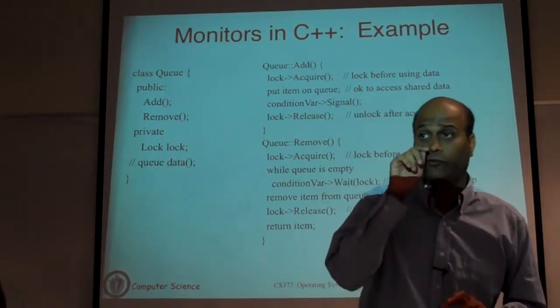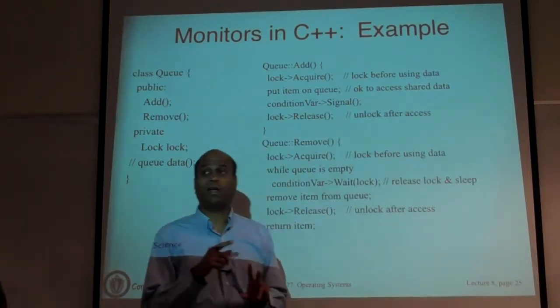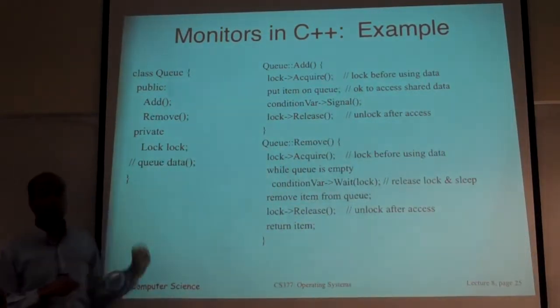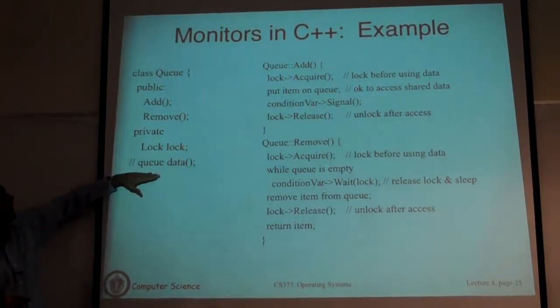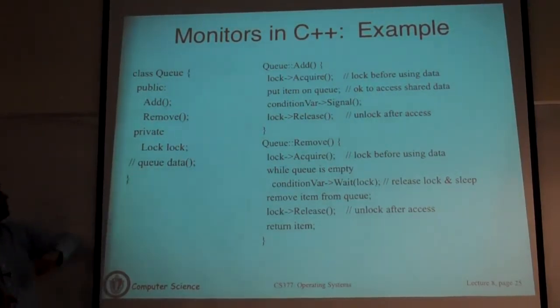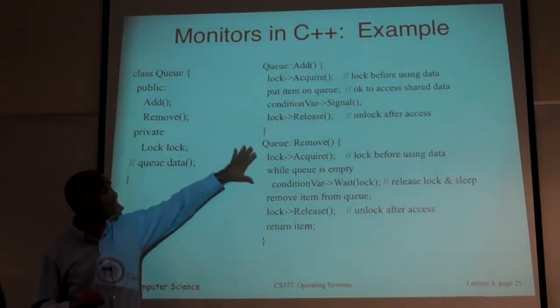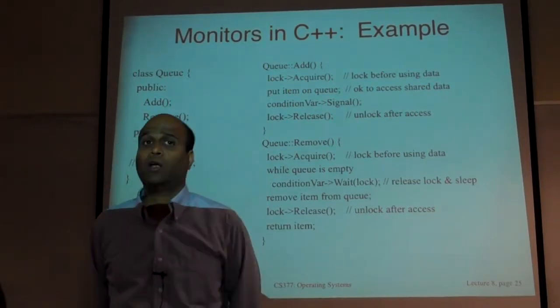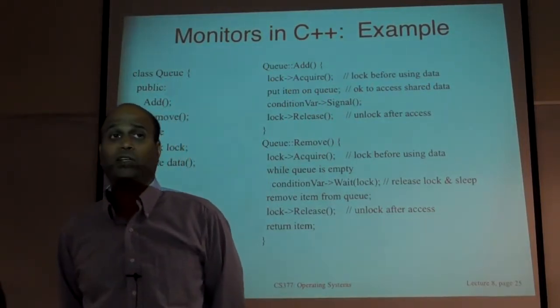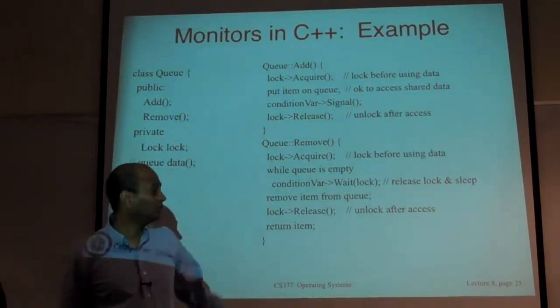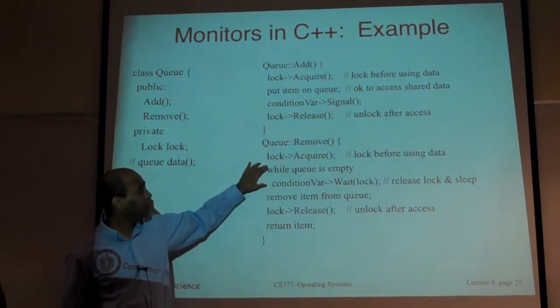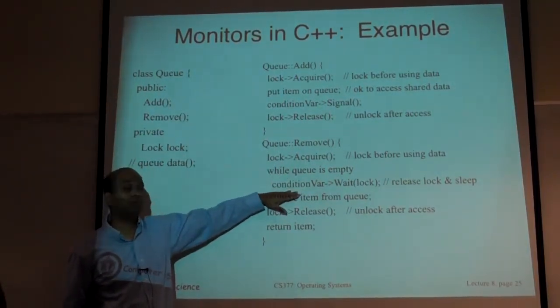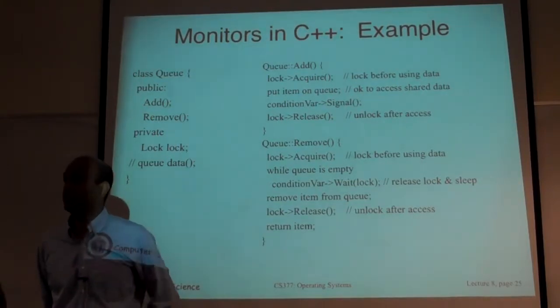It's fairly straightforward. You can do that by declaring within your class a lock. There should be a declaration of a condition variable here which is missing. You declare a lock and a condition variable, and every method that you want to protect, you protect by acquiring a lock at the beginning and releasing it at the end. And then if you need to go to sleep for any reason, you use a while loop on some condition and you call await on the condition variable.